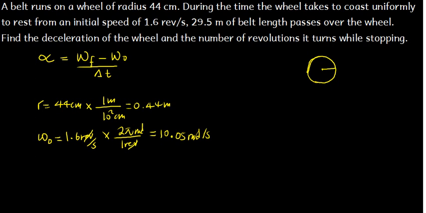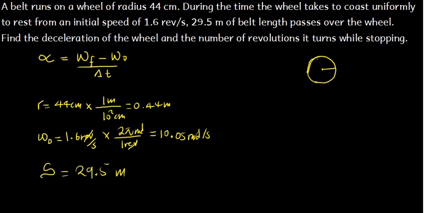Another thing that we've been told, 29.5 meters of the belt, because the belt is wrapped around the circumference of this wheel. That means the distance the wheel is going to pass over the belt is S equals 29.5 meters.